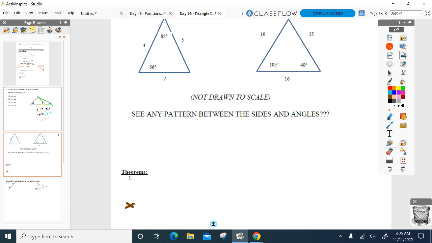Wait, oh, so like... What if the small side is across from the small side?